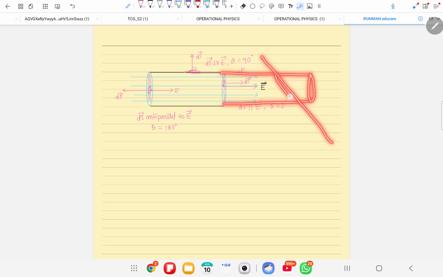The area vector along this region will be in this direction, because the area vector is always perpendicular to the surface. So we have ds vector, and the electric field line passes across this region like this. So the angle between ds vector and E vector is inclined. Listen carefully.